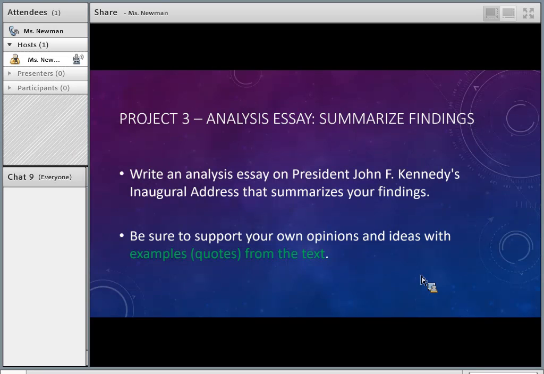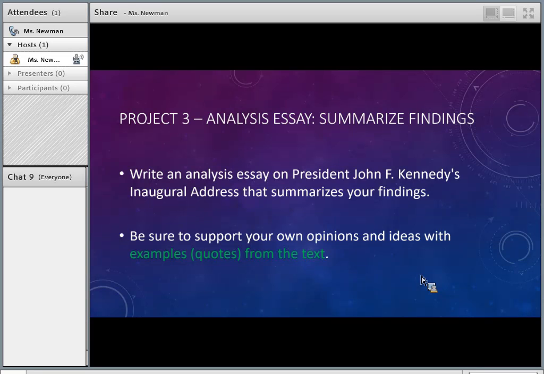What connections did you make? How do you think it is organized? And what do you think his purpose is? There is no right or wrong answer. It's rather that you come up with your ideas and you support them strongly with quotes from the text. So you explain whatever you believe or whatever your idea is, and you make sure you support that well with the text. That's really what you need to do.